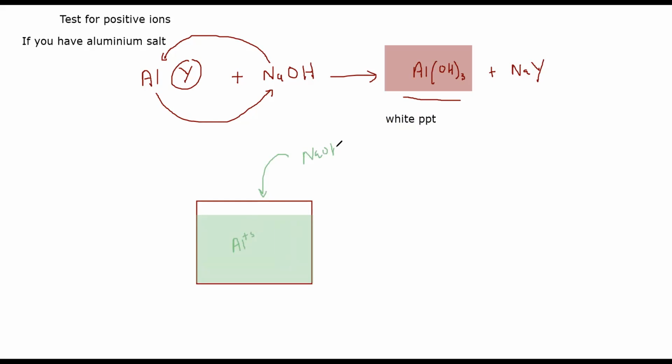The moment you add sodium hydroxide, what you will observe is a white precipitate, a white solid will form, and that white solid is basically aluminum hydroxide. Is it clear?